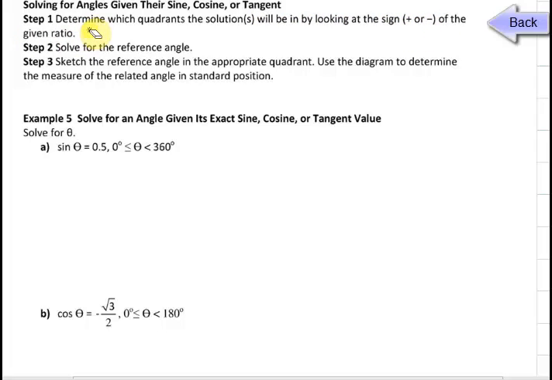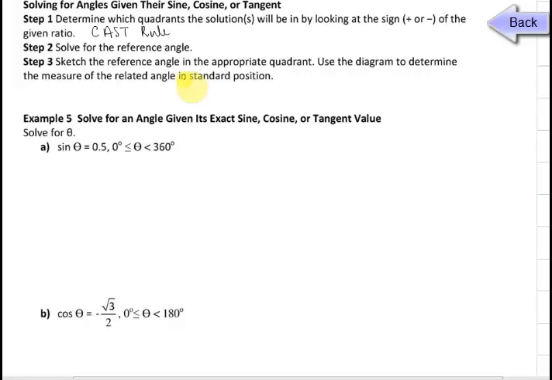That means that you will want to remember your CAST diagram, your CAST rule. Step 2 is to solve for the reference angle. Step 3 is to sketch the reference angle in the appropriate quadrant and then use the diagram to determine the measure of the related angle in standard position.